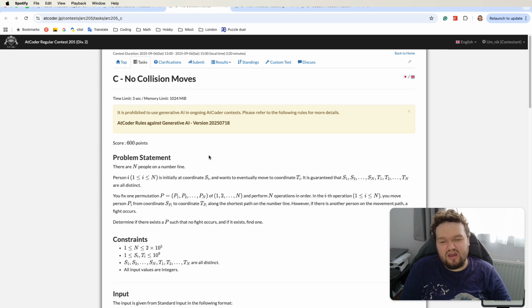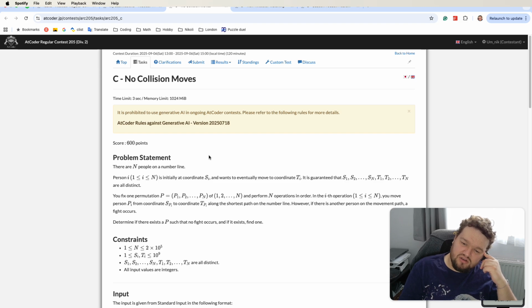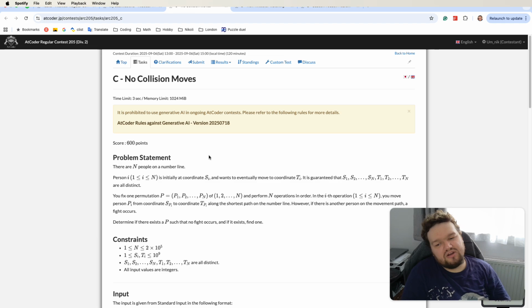So we need to choose the order in which we move the people on the given segments, such that no two are ever at the same position.